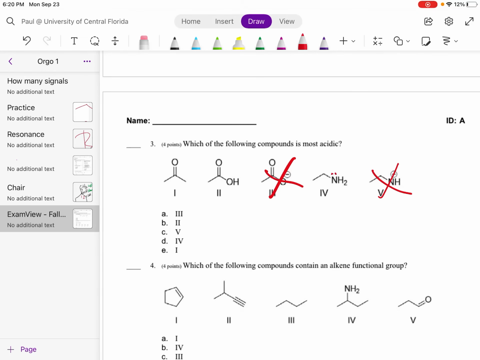This amine right here is a very, very weak acid, because nitrogens or primary amines act as bases. We know their pKa's are around 38, just not acidic. So we've really eliminated the 3 right from the start.